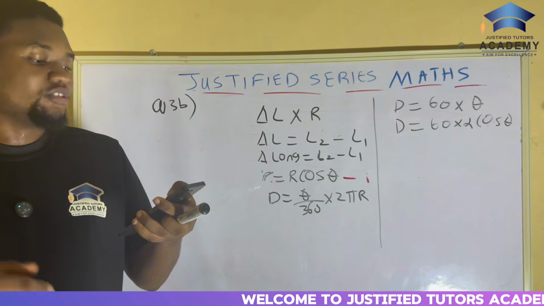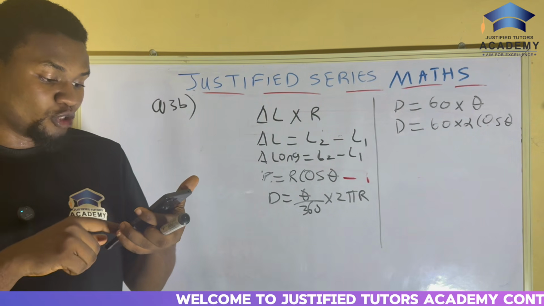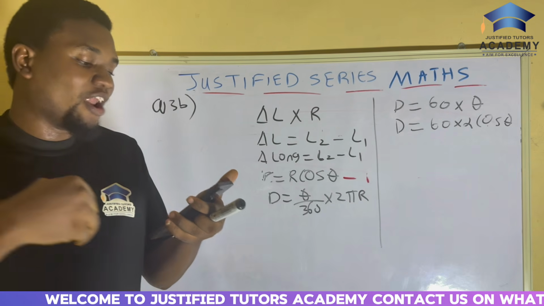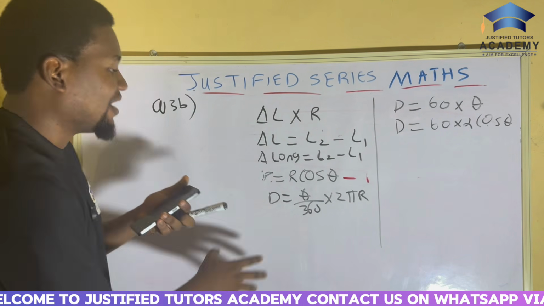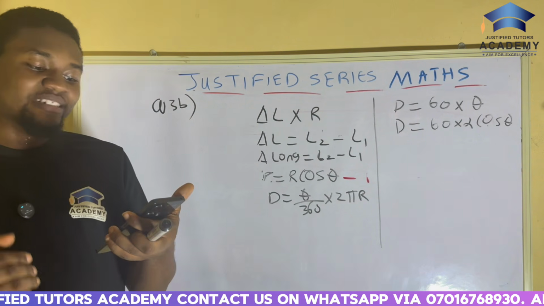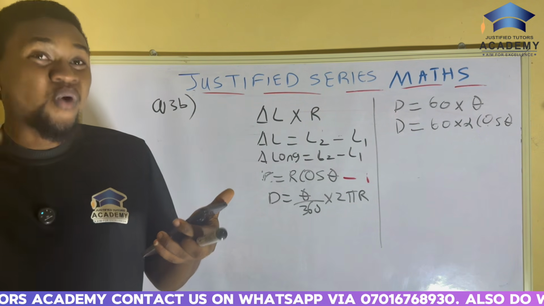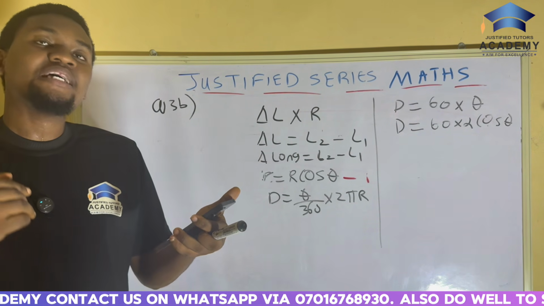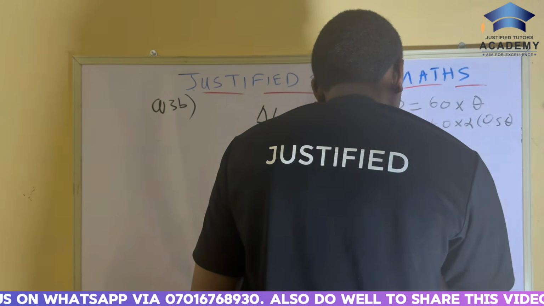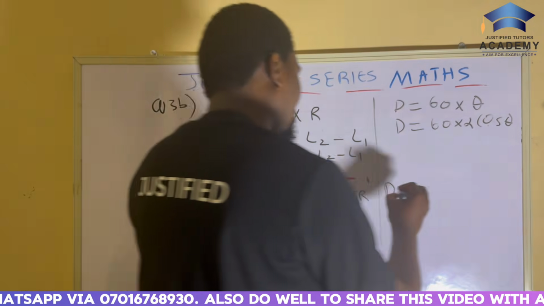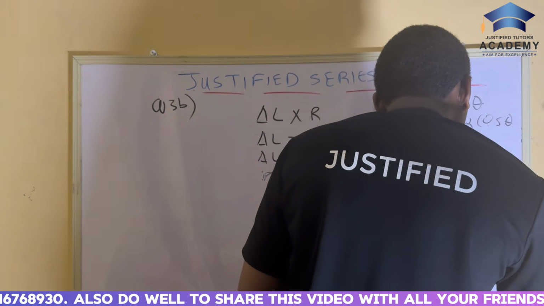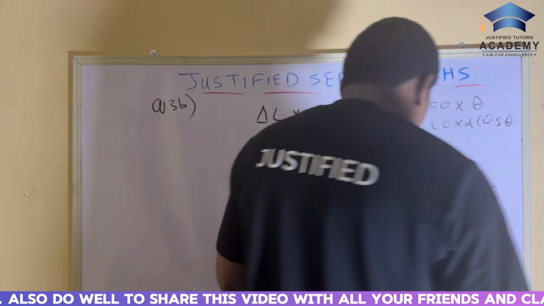Now the next one is your speed formula, which you all know. And yes, I skipped one part: the distance along the small circle. Remember, this one is the distance along the big circle. The distance along the small circle, also known as along the lines of latitude, is given as d equal to alpha over 360 times 2 pi small r.